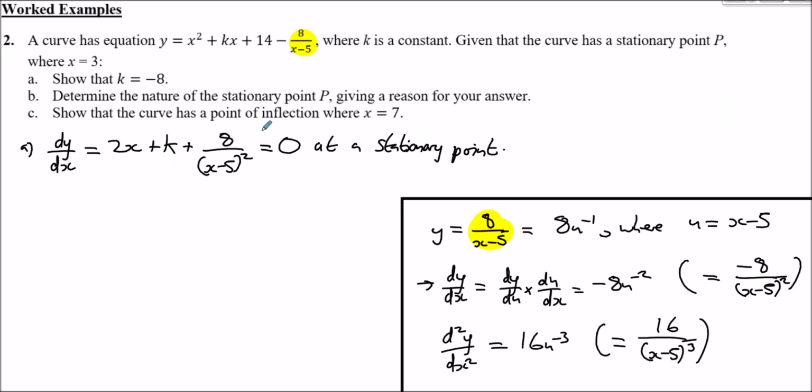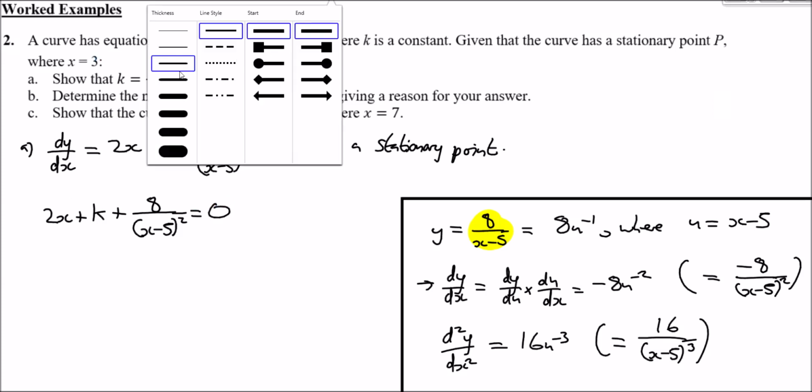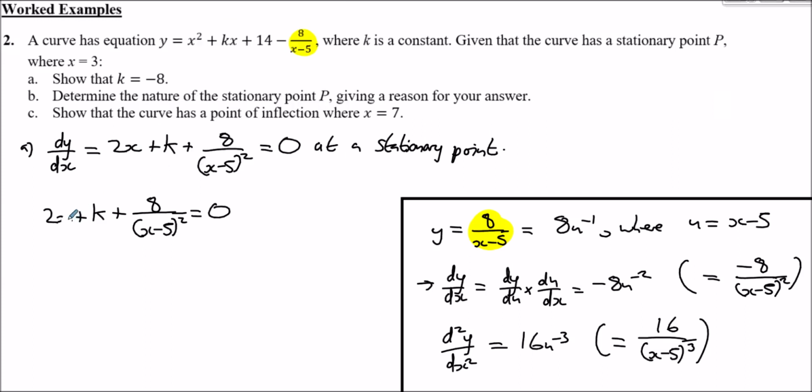So set it equal to 0. So 2x plus k plus 8 over x minus 5 squared equals 0. And then, when x is equal to 3, if I sub in x equals 3 into this, I'm going to get rid of instances of x and replace them with a 3. Like so.